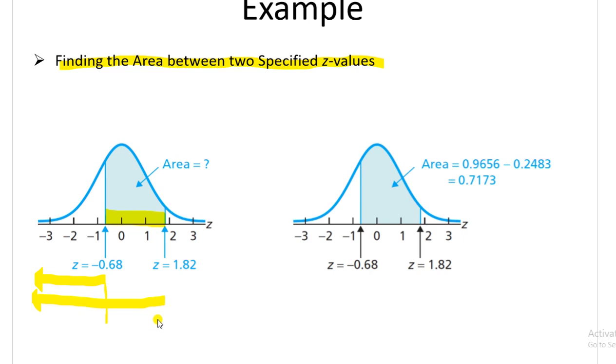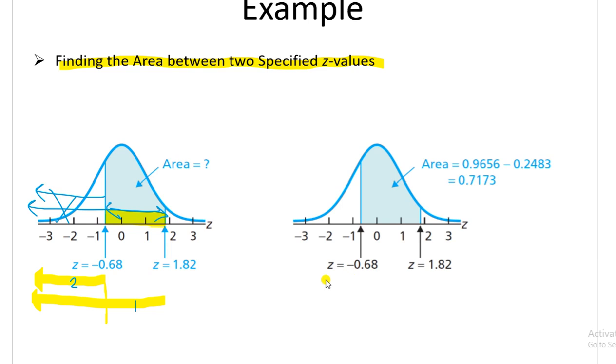It means from this bigger area, I will subtract the smaller area. This is area 1, this is area 2. So I will subtract this smaller area 2 from area 1. This is the big area, this is the small area. If I delete this portion, I will only get from here to here, between two values.